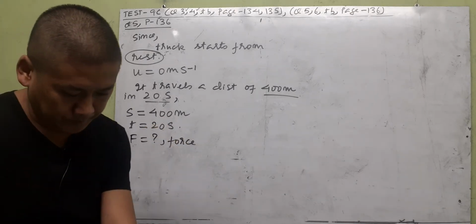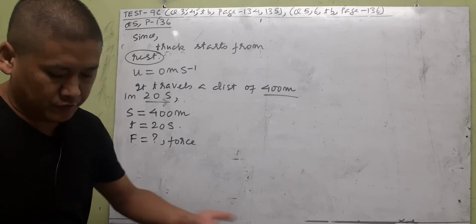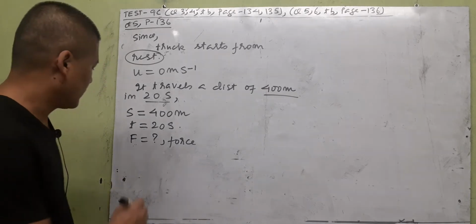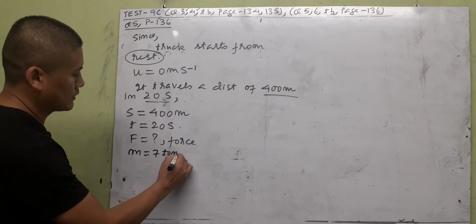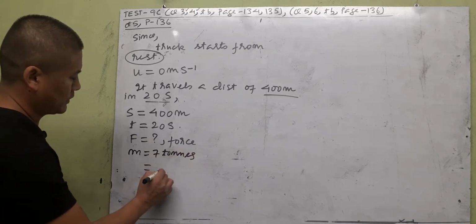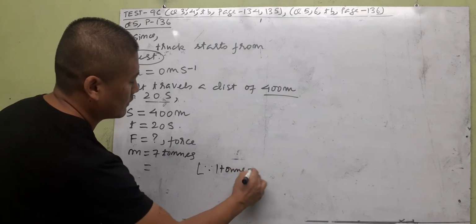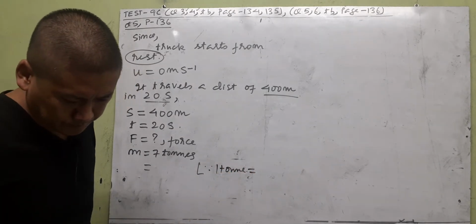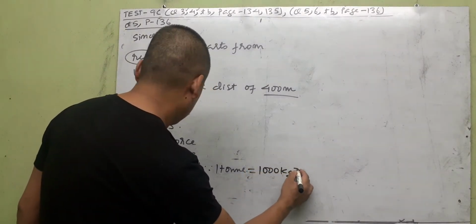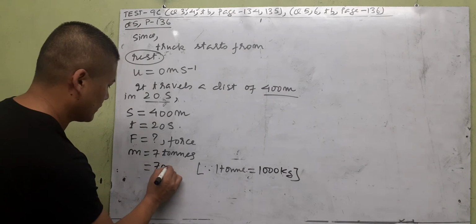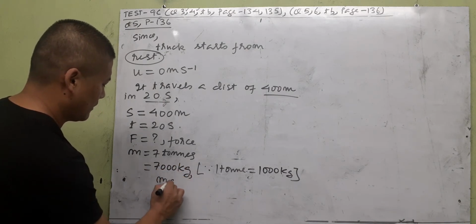Then acting on the rolling truck, to make it roll. If its mass is 7 tons, so the mass of the truck is 7 tons, but tons is not an SI unit. In the bracket, it is given 1 ton is equal to 1000 kg. So 7 tons will be 7000 kg, the mass of the truck.